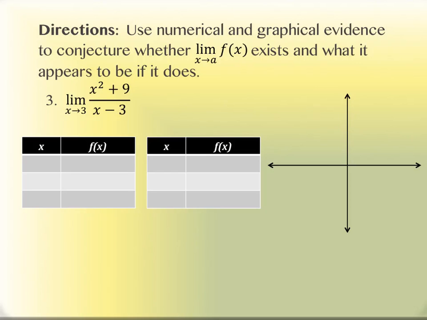Now remember, the reason we chose those values is because those values are very close to the value of 3. The first three of them, 3.1, 3.01, 3.001, are slightly larger than 3, and then the other three are slightly smaller than 3. And as we're working in our table, we'll use those same values in our table.